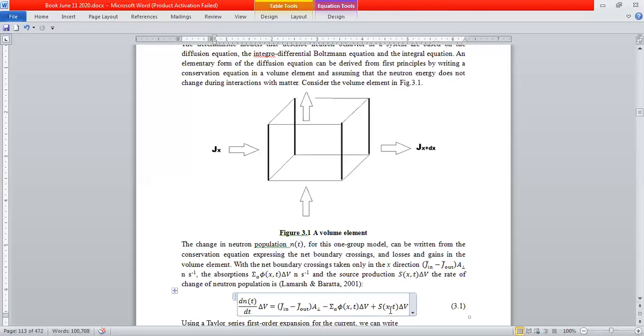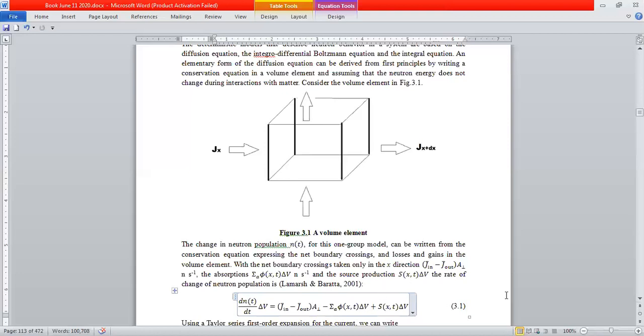Then I could have a neutron source inside the box. So let's say if I've got S(x,t) delta V neutrons per second inside the box, then here's the balance equation. The change in number of neutrons per second, because the units of n, remember what is small n? Small n has units of neutrons per cubic centimeter, because the definition of flux is n times v, small v, where v is the speed of the neutrons.